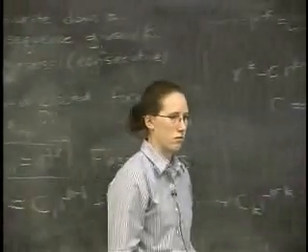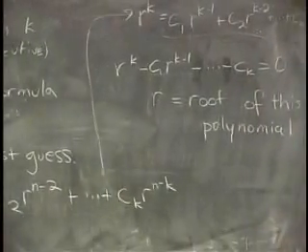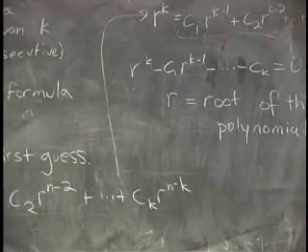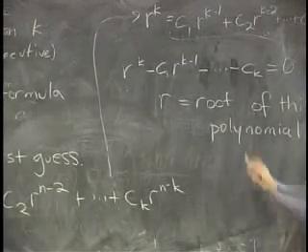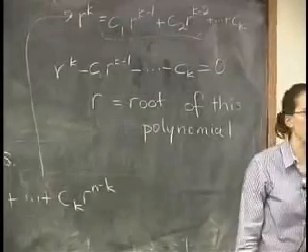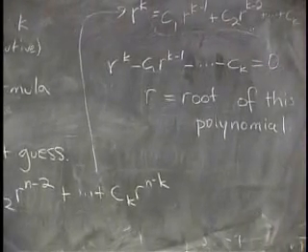Is there any reason why one would think that a_n is of the form r to the n? Well, it seems like a reasonable guess because we've seen a lot of things popping up like this. We've often seen things that look like a constant times 3 times 2 to the n or something like that. That often seems to pop out when we've done some of these examples by substitution.